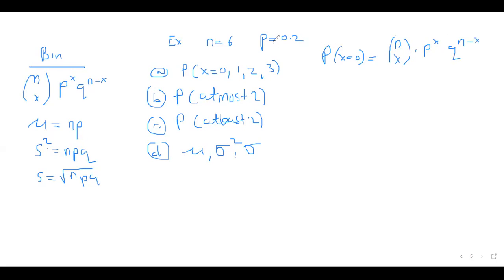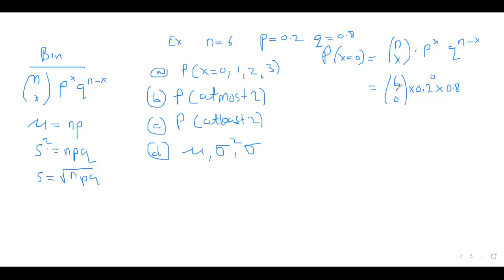So if our p is 20%, our q should be the difference from 100, which is 80%. So you shouldn't have any problems in identifying your q. So x is equal to 0, our n is 6, our x they have given us 0. And the p is 0.2, which is 20%, and our q is 0.8, which is 80%. According to the formula, this one comes here.